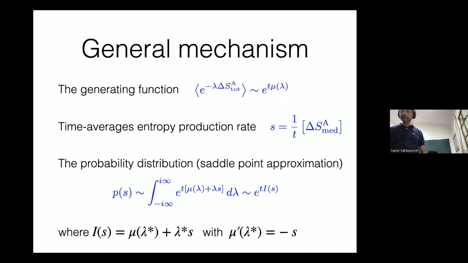As you know, this generating function usually has the form exponential of time times some cumulant generating function. And if you consider this time-averaged entropy production rate, which is just the total entropy divided by the amount of time you have taken to measure it, then the distribution of this quantity you can find from this mu of lambda by this integral, and by doing a saddle point approximation of this integral, which gives you this large deviation form, where this large deviation function is related to this mu of lambda by this relation, where lambda star is just the saddle point.